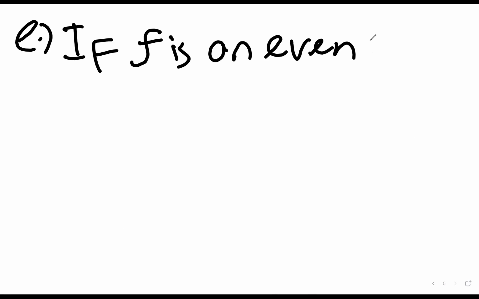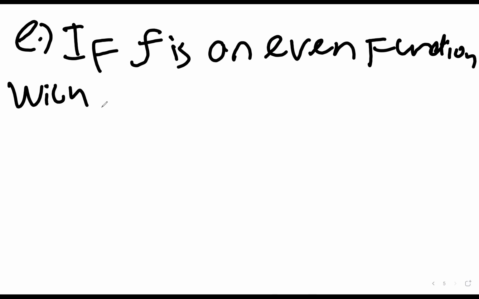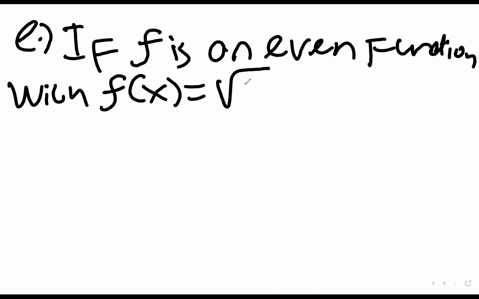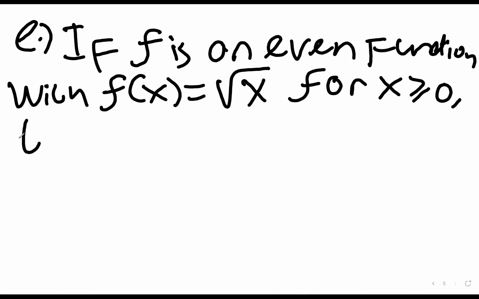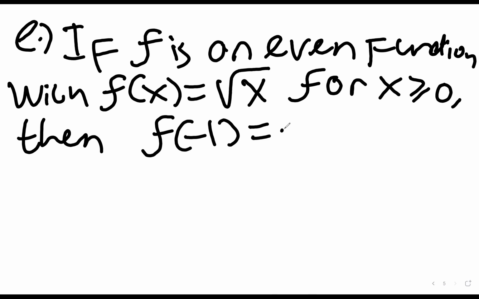The question is, if f is an even function, let's say with the formula f of x equals to square root of x for negative x, then what is the value of f of minus 1? Okay, so that's the question.